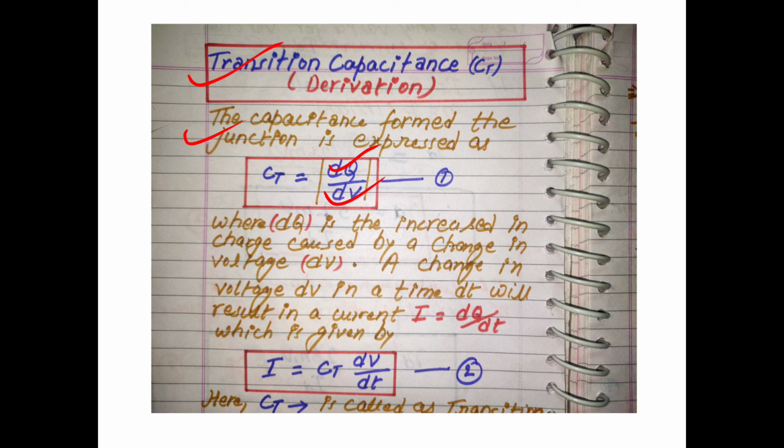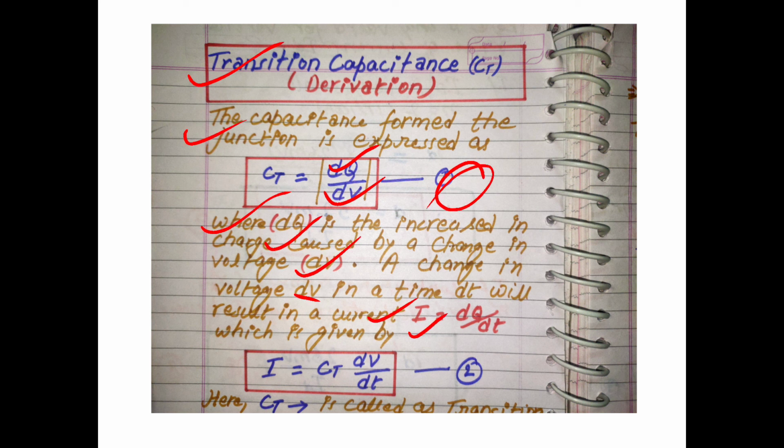This is our equation number 1, where dq is the increase in the charge caused by a change in the voltage dV. A change in the voltage dV in a time dt will result in a current. As there is a change in the voltage, it will generate a current that will be represented by I equals dq upon dt.